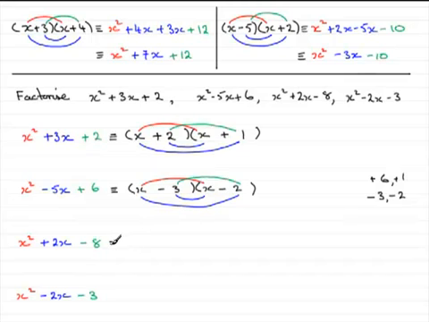Now this next one, again x squared plus 2x minus 8, we've got our x squared at the front, so we know that that would have been an x there and an x there to give us the x squared. We need two numbers that multiply together to give the minus 8, and we need to remember that this combination here must come to plus 2.